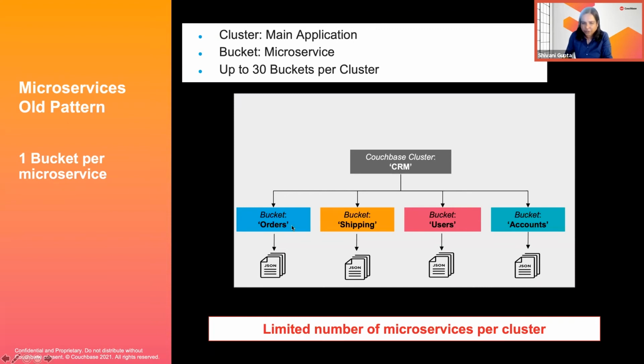It has 4 microservices in this example: orders, shipping, users, and accounts, which may be the payment information, etc., of these users. In this deployment architecture, we have mapped each of these microservices to a separate bucket. So this naturally limits the number of microservices you can have per cluster to 30. If these are not very heavily utilized services, the cluster may not always end up fully utilized.